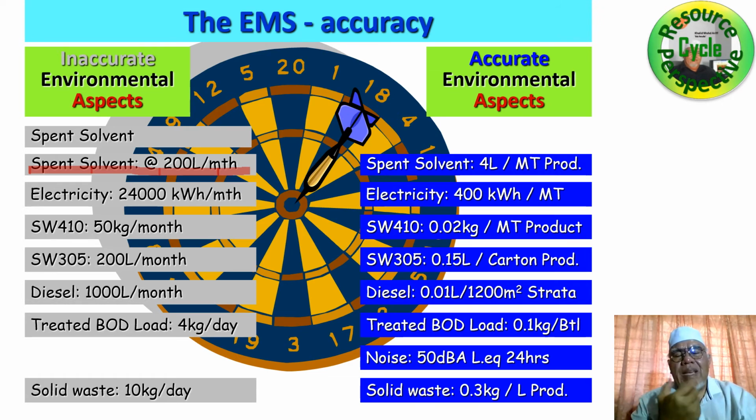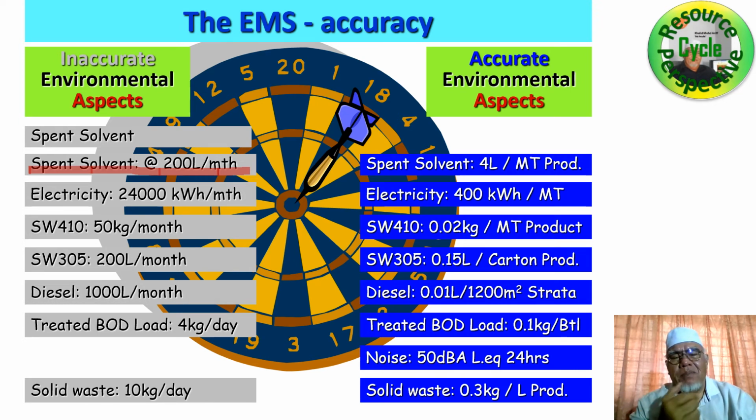But what if there's another company that produces the same amount of spent solvent waste, 200 liters per month, but their production throughput is 10,000 tons of product, which is more efficient, with more hazardous waste minimization.